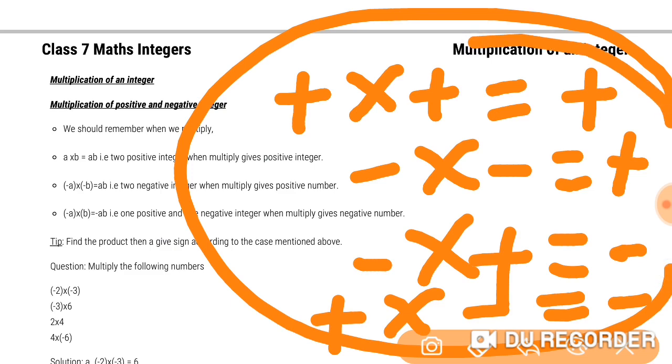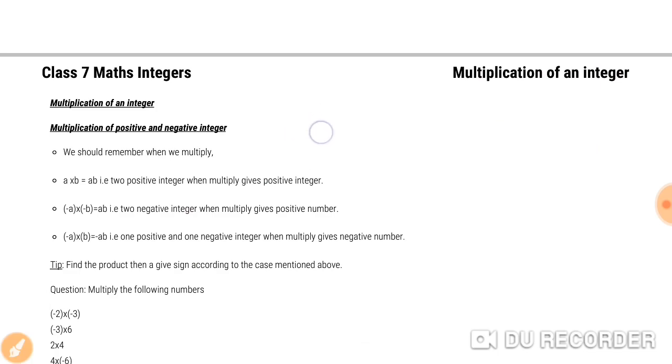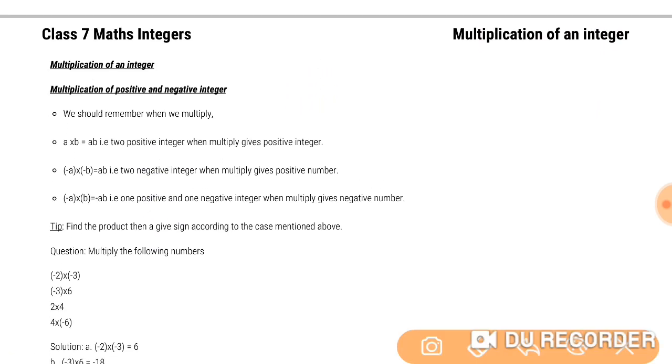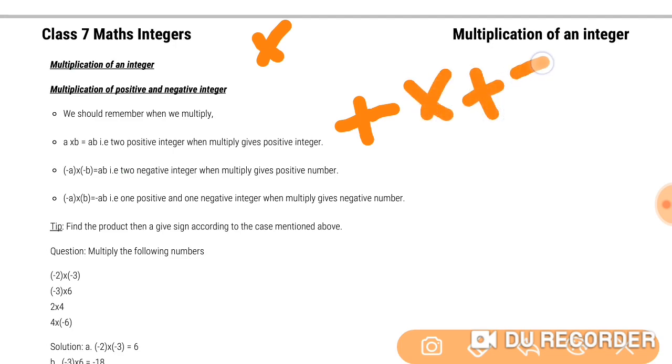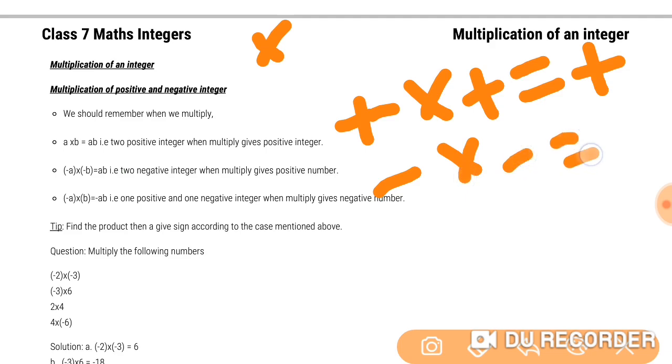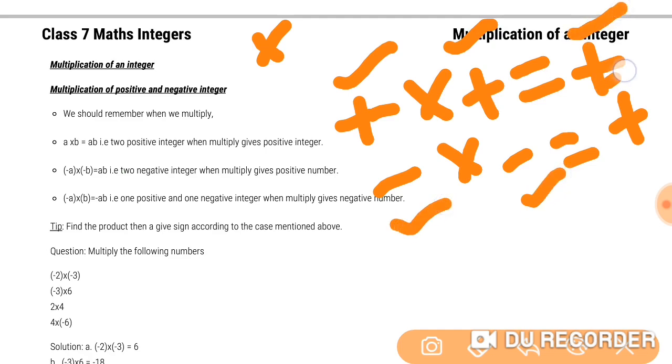Let me explain briefly. In multiplication, integers with the same sign give a positive. Plus and plus are the same sign, that's why it is positive. Minus and minus are the same sign, that's why it is positive.